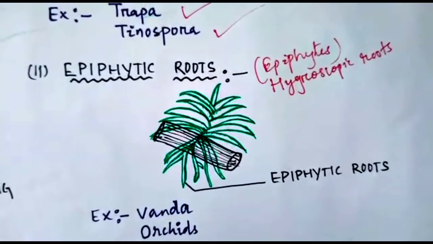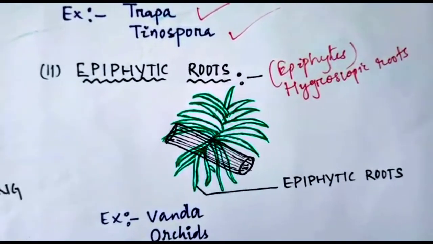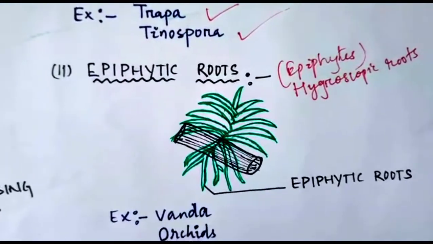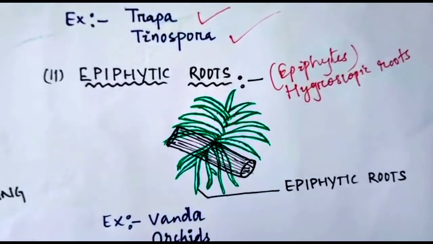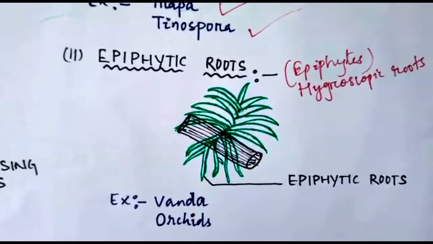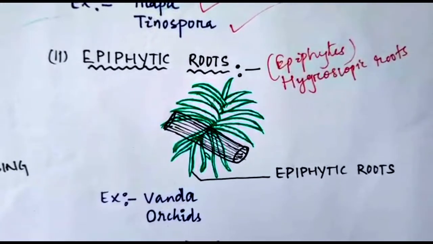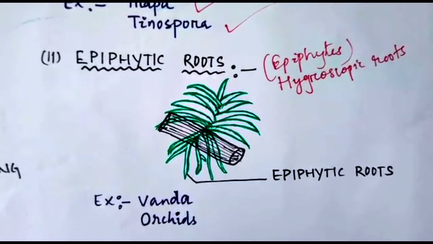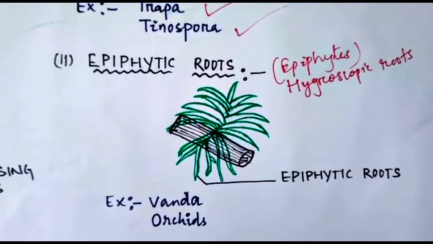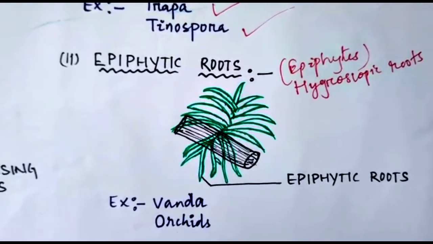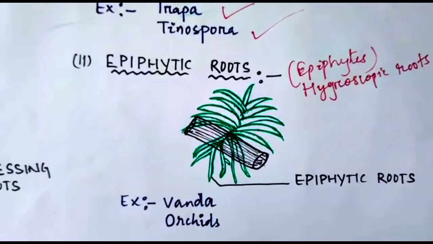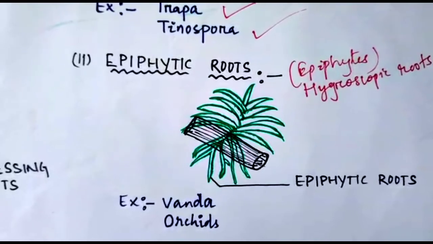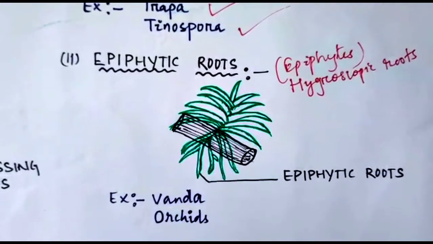That means they are able to absorb humidity or moisture from the atmosphere. The canopy of these tall trees is very thick and the epiphytic plants are very small, and they grow on the branches of these tall trees.